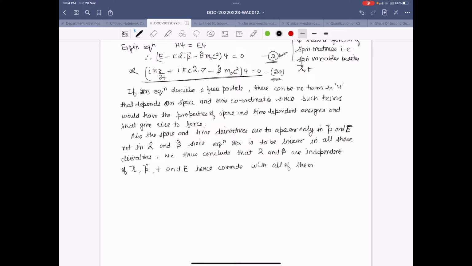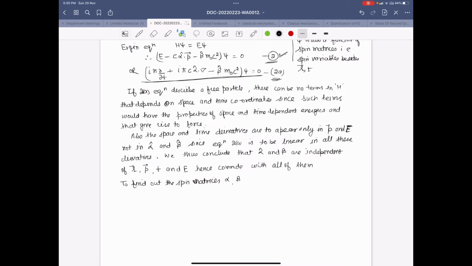The second part, we will proceed to find out the spin matrices which are alpha, beta.